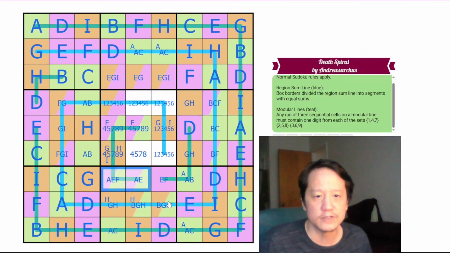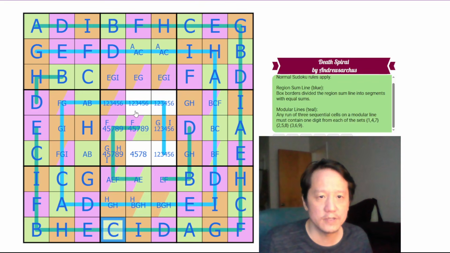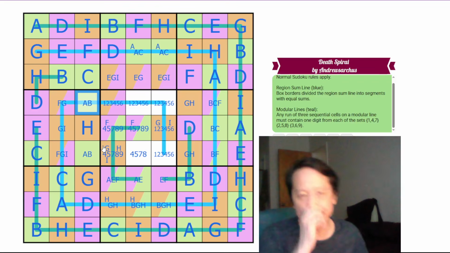One of these is A. So since one of these is A, C eliminates C here, so that's A, that's C. This can't be A, it's B. So we have C here. A, E, and F, B, G, and H here. F, G, I with A or B.